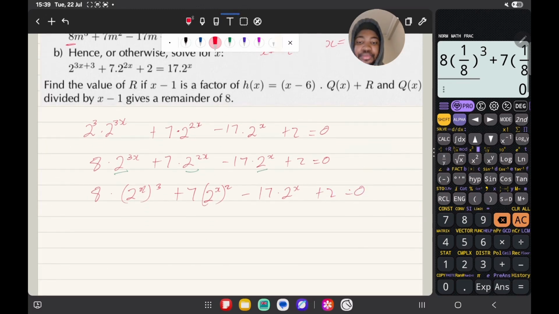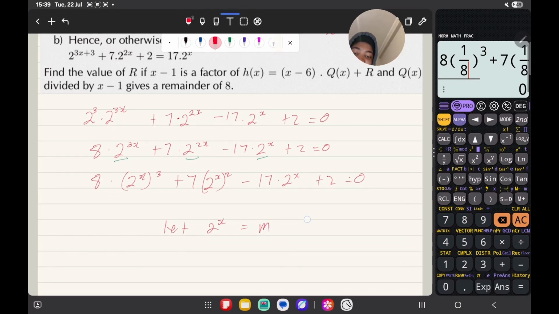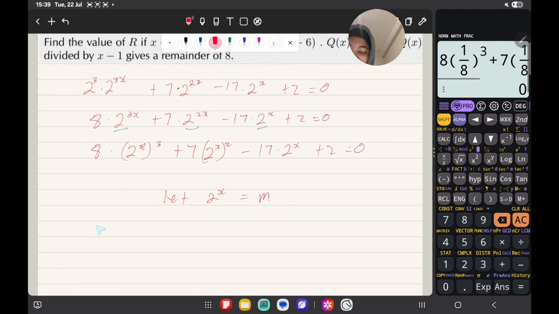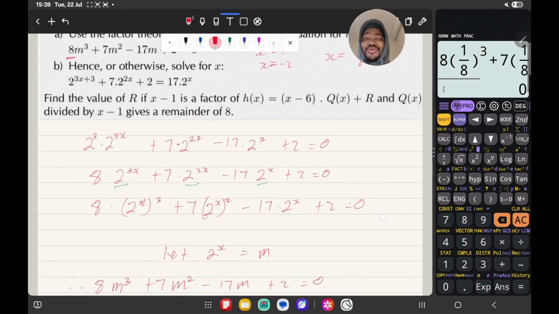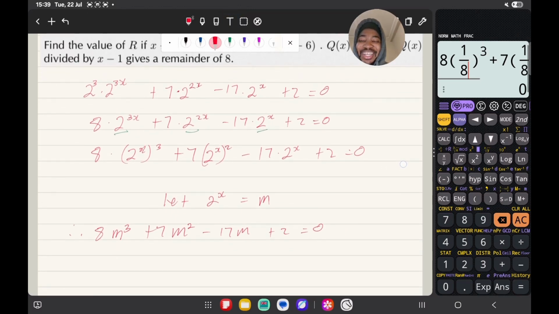When it's like this, I can say let 2 to the power of x be m. Therefore you have 8m cubed plus 7m squared minus 17m plus 2 equals 0.